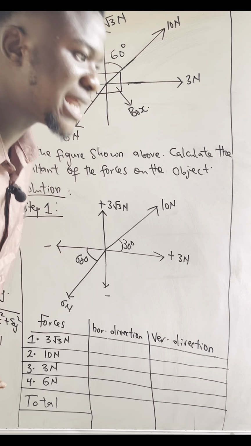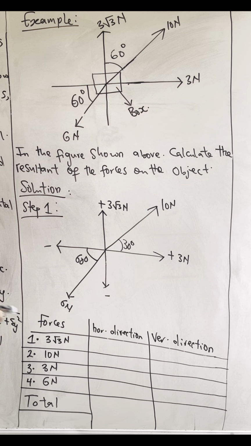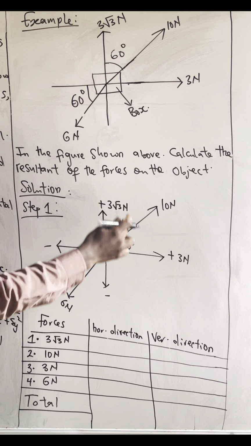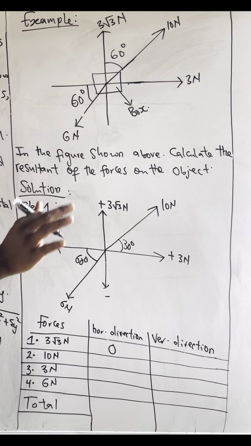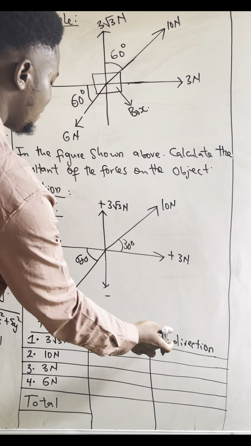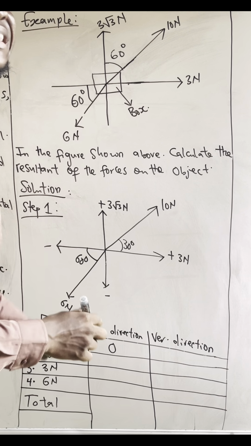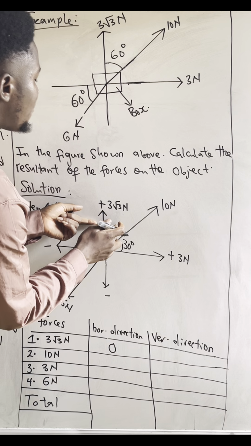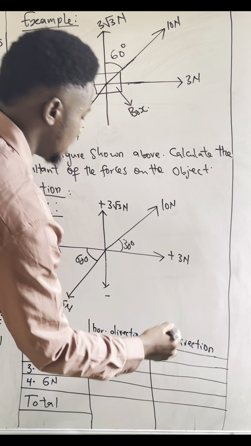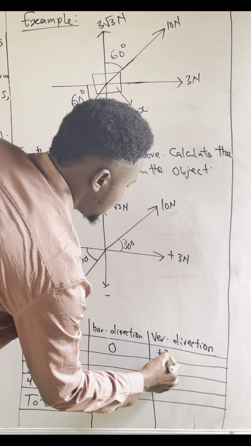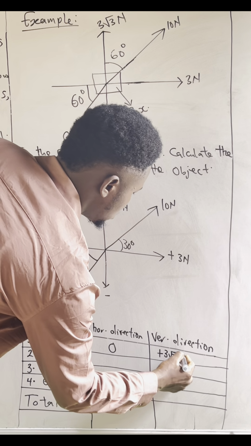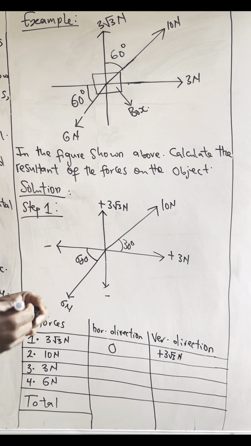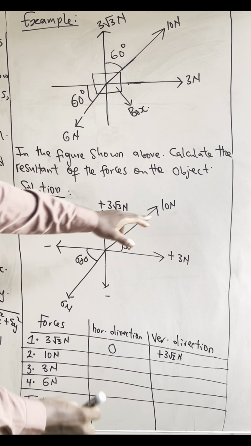It is not moving in any direction horizontally. So the horizontal direction for 3 root 3 Newton is 0. But the vertical direction is 3 root 3 Newton. Since it is going upward, it is plus 3 root 3 Newton. So that is that for the 3 root 3 Newton.